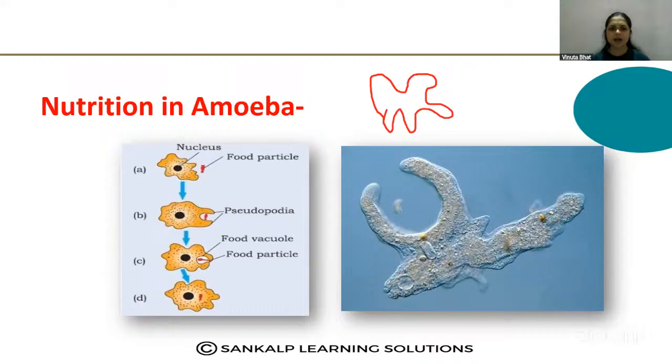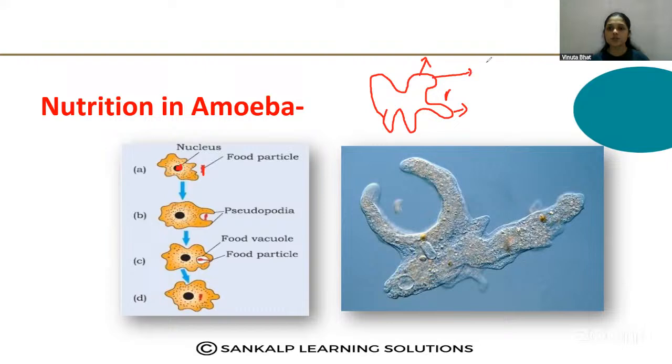Here you can see the amoeba with the nucleus and the food particle present just near the amoeba. Here you can find some projections, some outgrowths. What is it called?